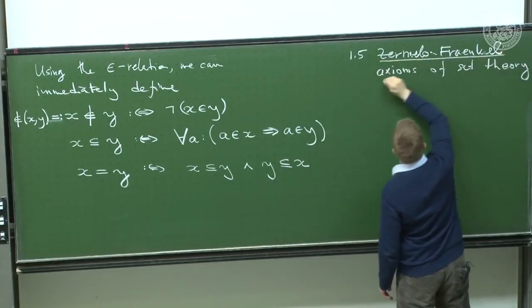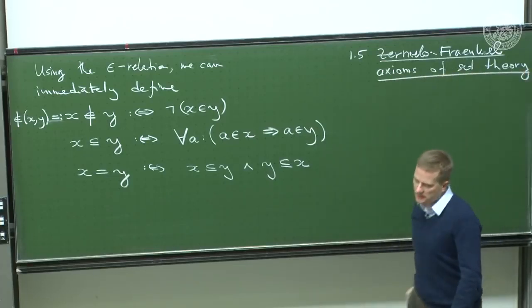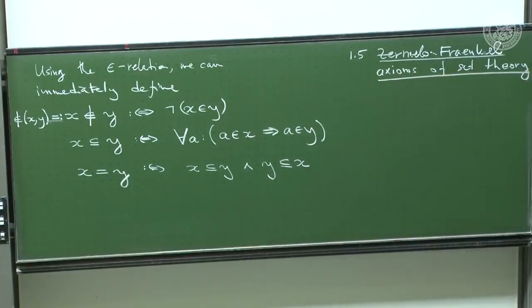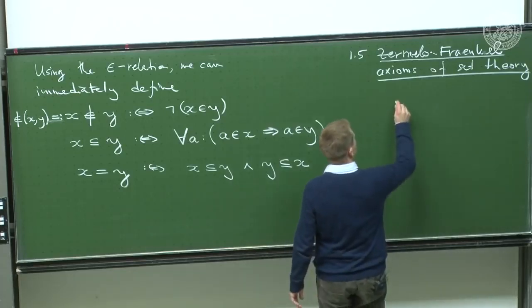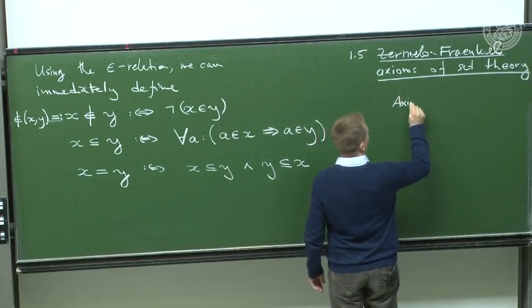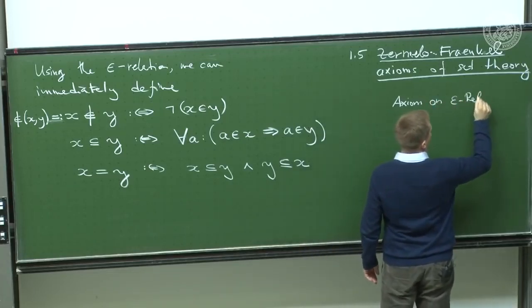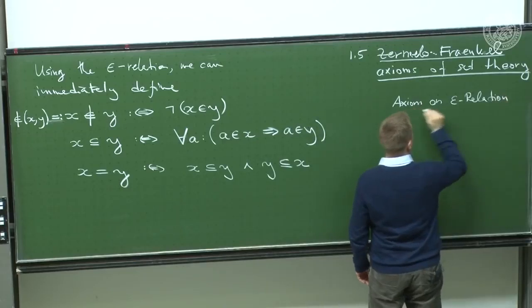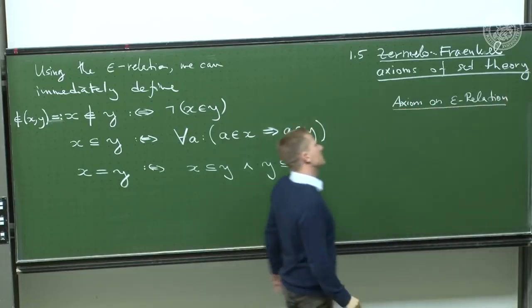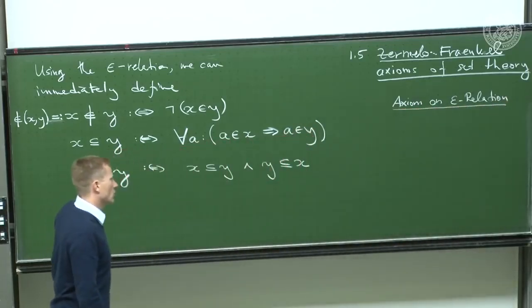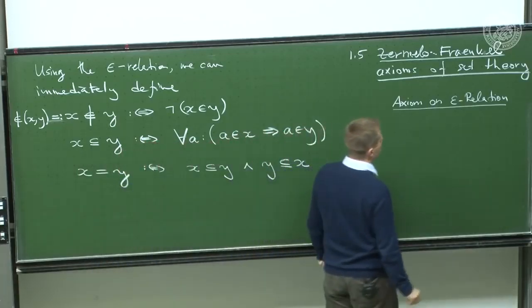So these are the 9 axioms I talked about, and the first axiom actually declares the relation between epsilons and sets, so let's call this the axiom on the epsilon relation. What its character is, we know it's a relation, but what is its relation to sets?